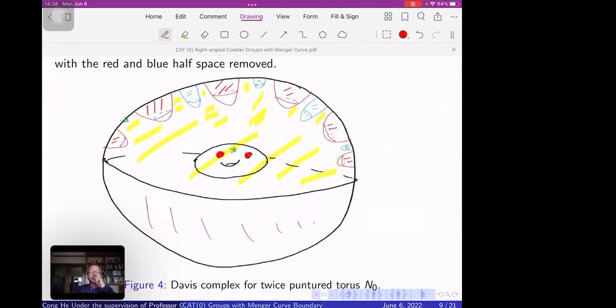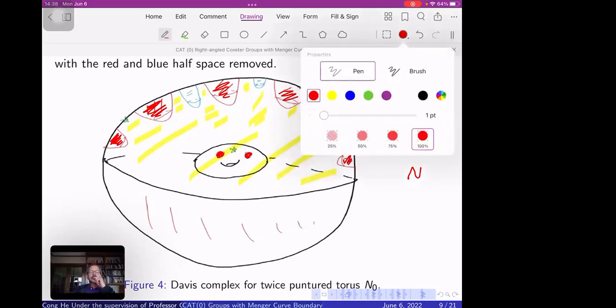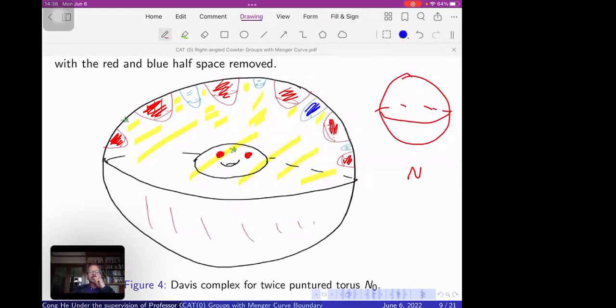Then I just use this to represent the Davis complex for the torus. But you can imagine this is not quite regular. We will remove all of this half space. All of the half space will be removed. And also, you will remove all of this.